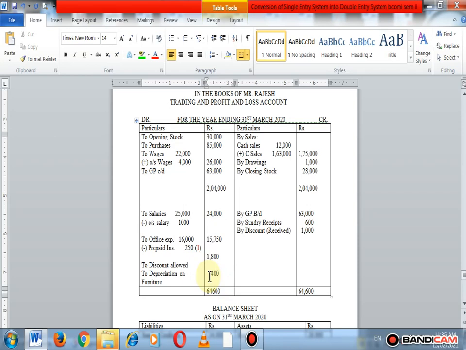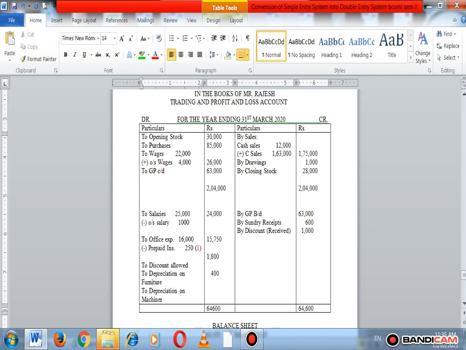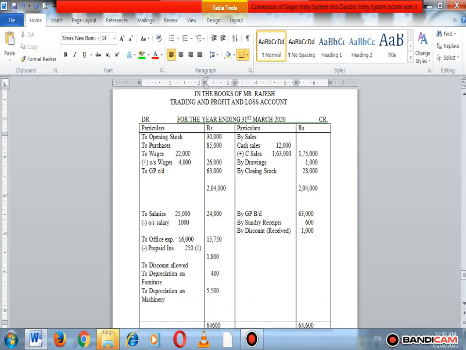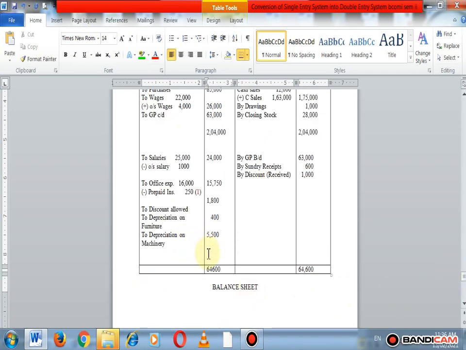Sorry, we did not give the depreciation effect, so here the total is 55,000, and the difference is called net profit, amounted to rupees 17,150.